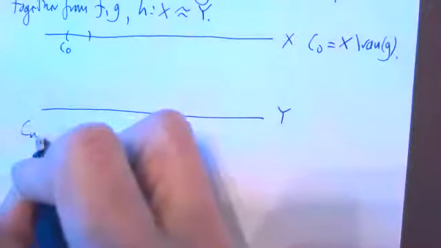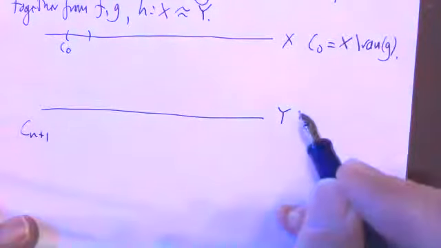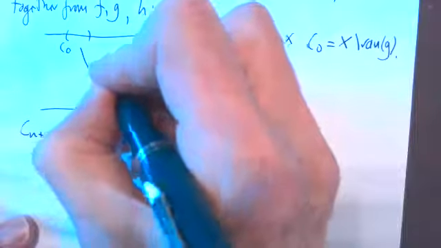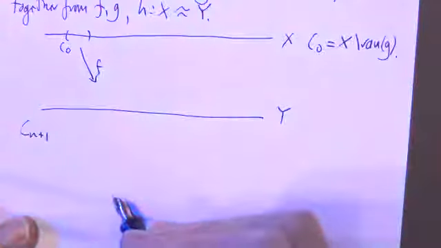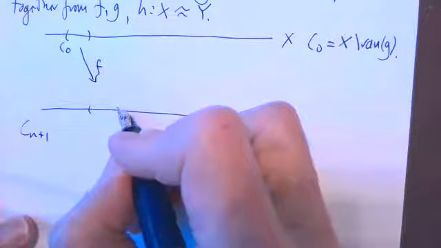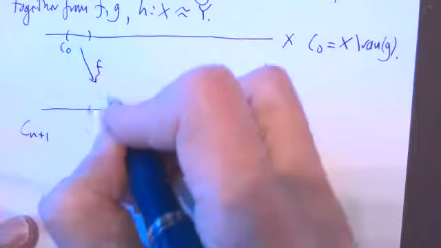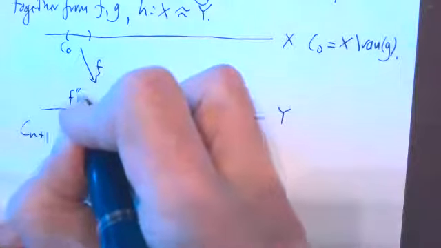So we'll define Cn plus 1, having defined C0, is we'll apply f to C0. And that's going to give me a collection of things over here, right? So this will be f on C0 here.